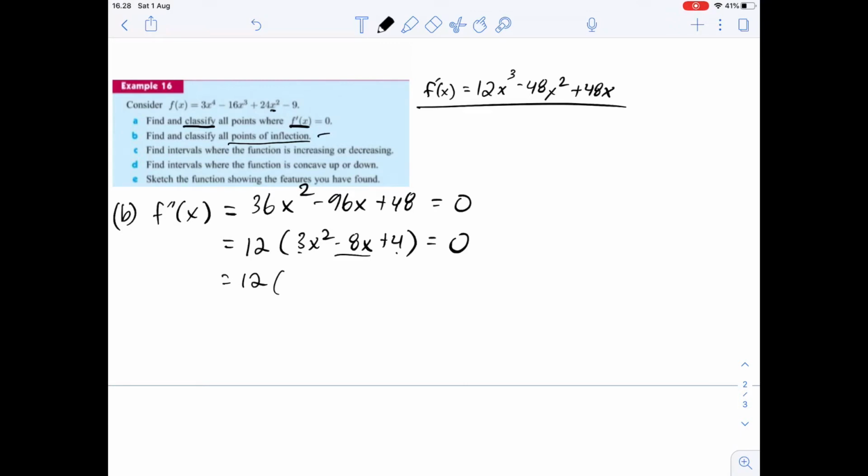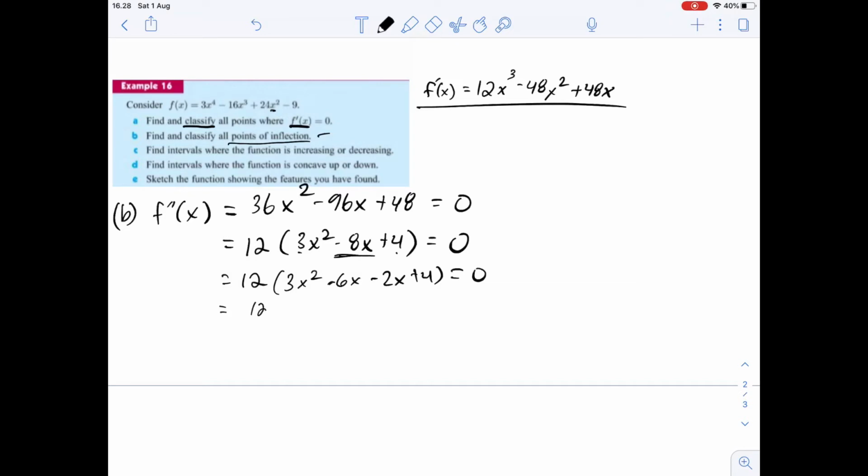There's other ways to do this, but the way I would write this is 3x squared minus 6x minus 2x plus 4 equals 0, because negative 6x and negative 2x equal negative 8x. So it's not like I'm changing the quantity, I'm just breaking this up.